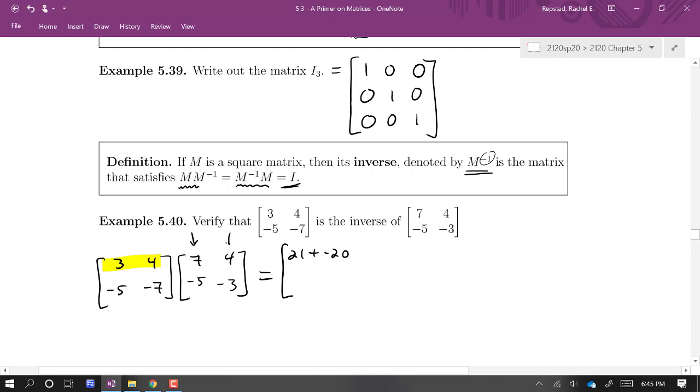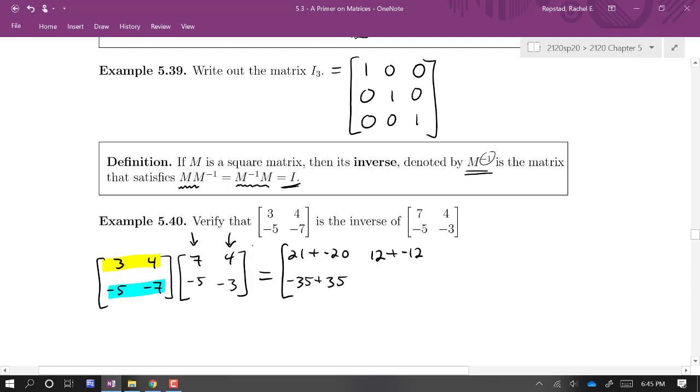So 3 times 7 is 21, plus 4 times -5 is -20. Moving along, top row, second column, 3 times 4 is 12, plus 4 times -3 is -12. Second row, first column, -5 times 7 is -35, plus -7 times -5 is +35.